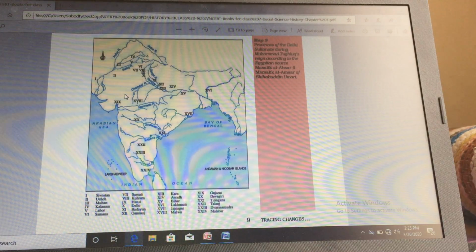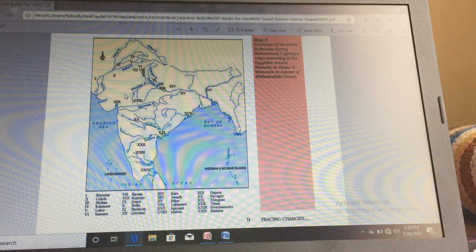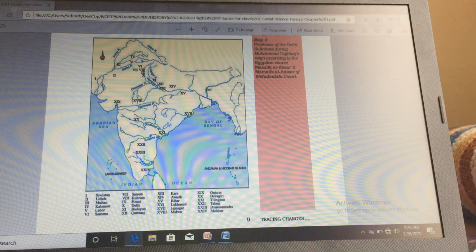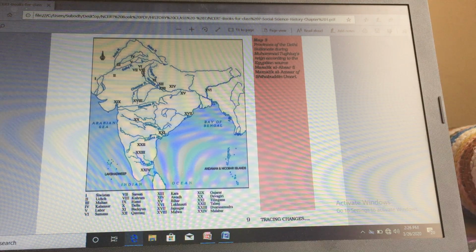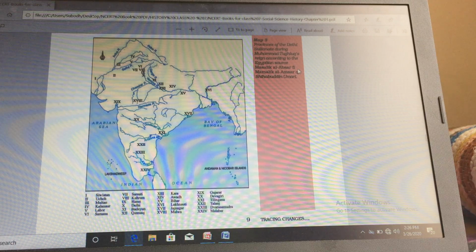Now here it is regions and empire. Children, do you remember we studied about pan-regional empires? This is a picture of one of the pan-regional empires. Provinces of the Delhi Sultanate during Muhammad Tughlaq's reign, according to the Egyptian source Masalik al-Absar.